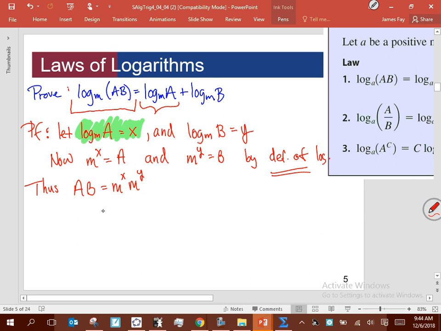What's another way of writing that? Good, m to the x plus y. If I had, say, m was 2, x was 3, y was 4, you'd write that as 2 to the 7th, right? Okay. So when I'm multiplying like bases, I add the exponents. So AB is the same thing as m raised to the x plus y. Okay.